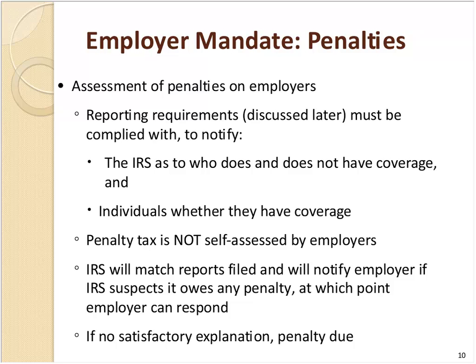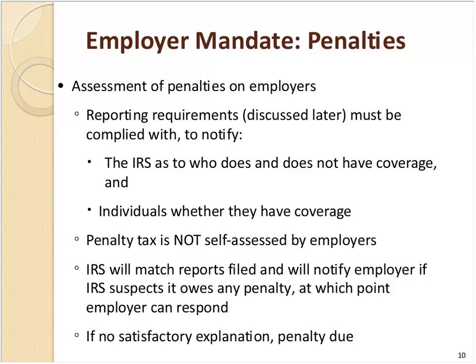Basically, you do the reporting. You're going to tell the IRS who does and does not have coverage, and you're going to tell the individuals whether they have coverage and what kind of coverage they have, and the IRS will get similar information from the individuals when they sign up for the coverage, and the IRS will sort it all out.